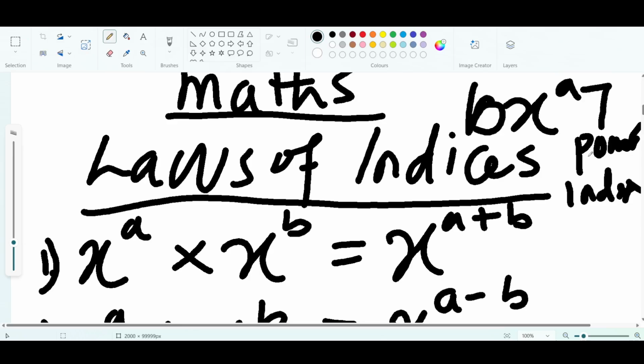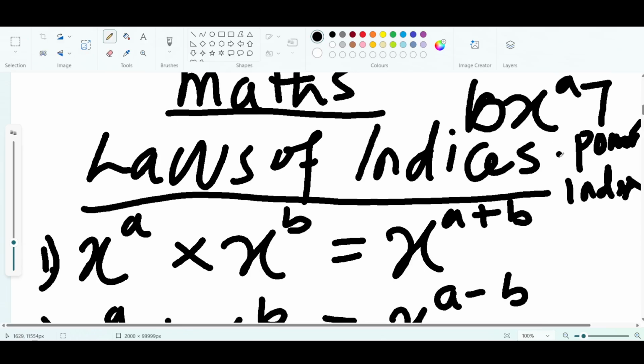The singular is index, but when it is plural, we call it indices. So that is why we are talking about the laws of powers, which is also the laws of indices. This is the coefficient and this is the base.